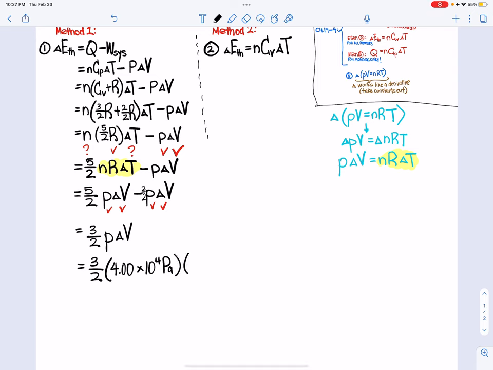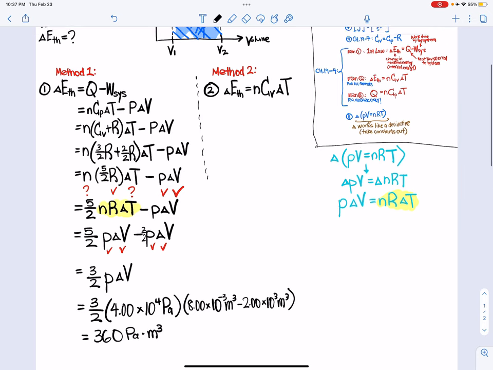And times a change in volume, which is 8.00 times 10 to the minus 3 cubic meters, minus the initial volume, 2.00 times 10 to the minus 3 cubic meters. If I plug that in my calculator, that would be equal to 360 pascals times cubic meters.